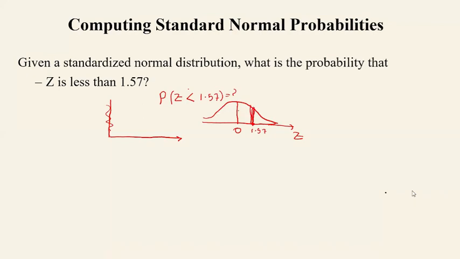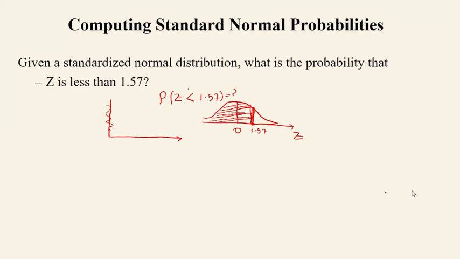This whole area is covered by Z less than 1.57.